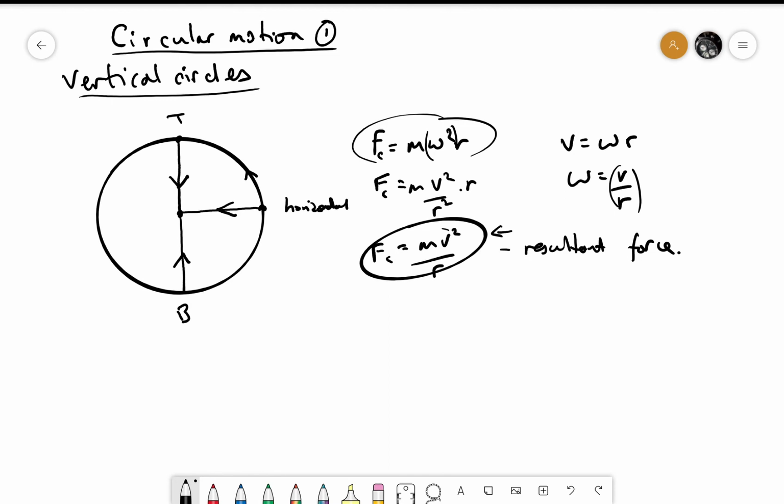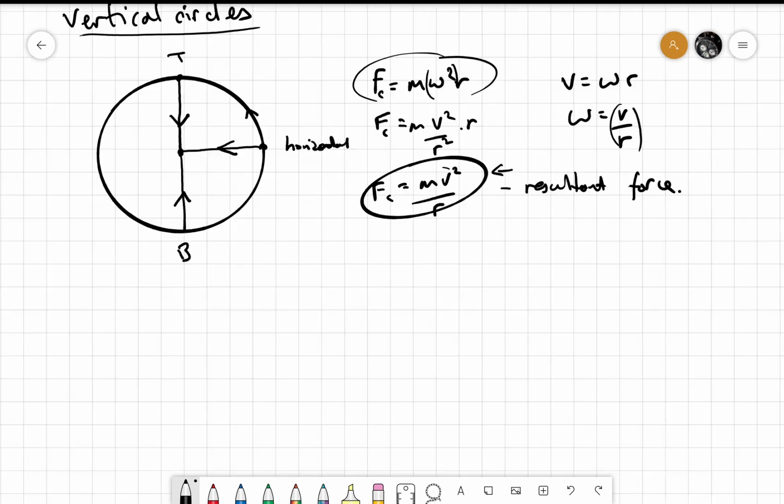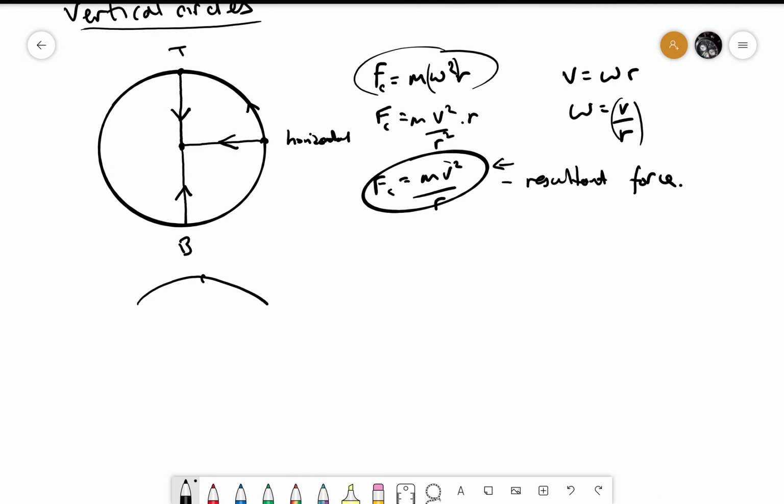So if you look at the top situation here, just look at the top, you've got a force acting down there of weight, and you've got the force of tension, and those add together to give you the total resultant force, which is Fc.